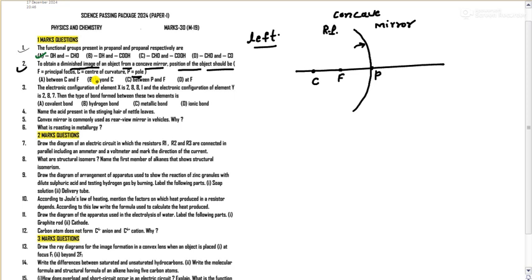So if you have your book, I will ask you to open table 10.1. I don't know whether it is 10.1. In the book which I am having, it's on page number 164. It is from the Light chapter. The table is image formation by a concave mirror for different positions of objects.